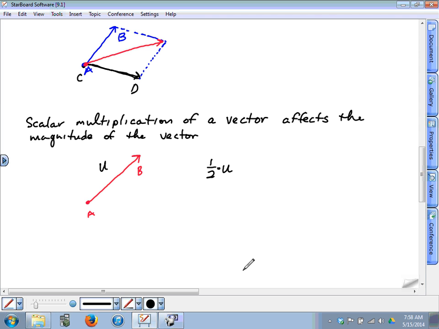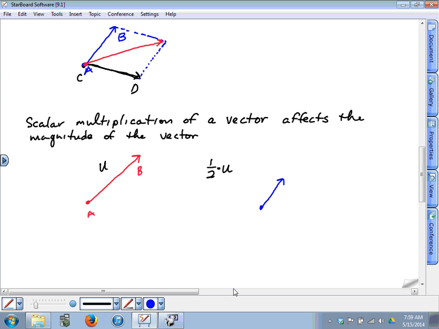Same direction, half the magnitude. So that's how scalar multiplication works.